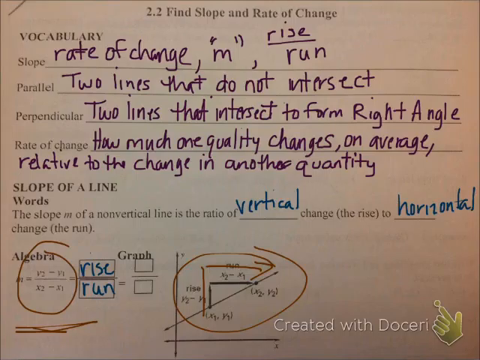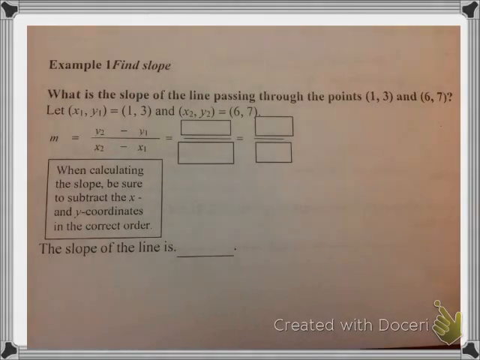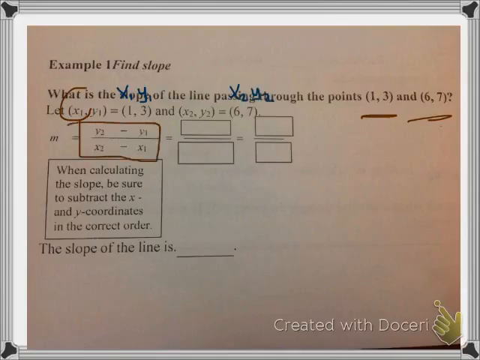Let's go ahead and move on to the next problem. Here we're finding the slope. They give you the two points, and we're going to label them. Even though they're labeled to the side, I like to label mine on top. So that's x1, y1, and this is x2, y2. The formula is here, so just keep an eye on it.